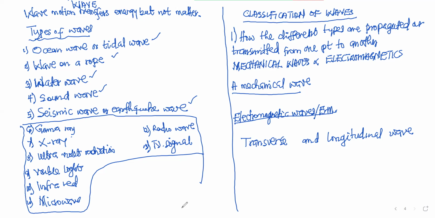So transverse and longitudinal classification looks at the style of vibration of the particles, and when the particles vibrate, how is the wave generated? Don't forget, the beginning of a wave is the vibration of the particles of the medium. So the particles must first vibrate before the wave is generated.